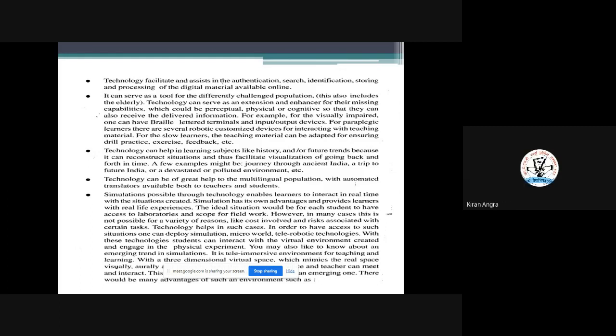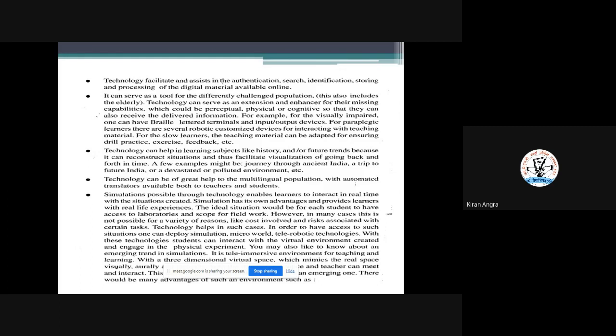If you come to education, there are some laboratories. You may not reach the laboratories, you may not be able to access the laboratories, or you may not have the scope of field work. But through simulations, we can deploy simulation, we can create micro worlds, we can use tele-robotic technologies which are helpful to interact and create a digital environment and do the physical experiments.